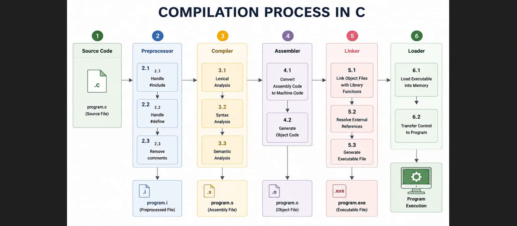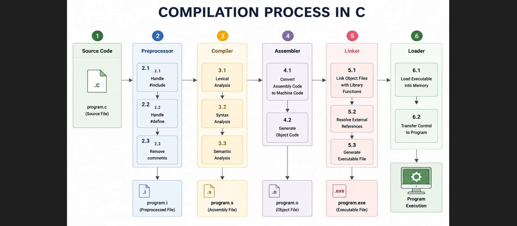Initially, the source code is stored in a file with the .c extension. Next, after some modifications by the preprocessor, it is stored in a file with the .i extension. Next, after further modification in the compiler, it is stored in the .s extension file, and further modified in the assembler.